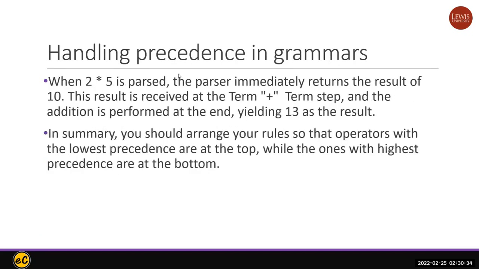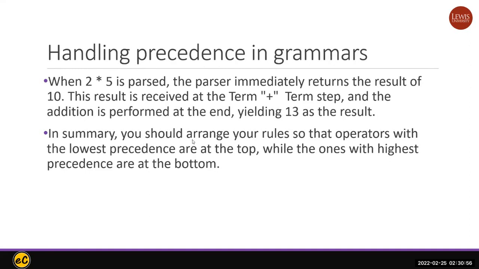So, handling the higher precedence in grammar. When 2 times 5 is parsed, the parser immediately returns the result of 10. The result is received by the plus sign in the term plus term step. The addition is performed at the end, yielding 13 as a result.